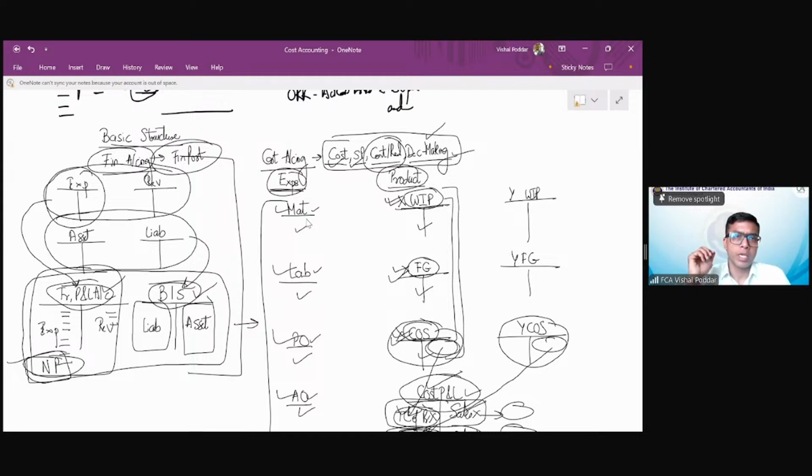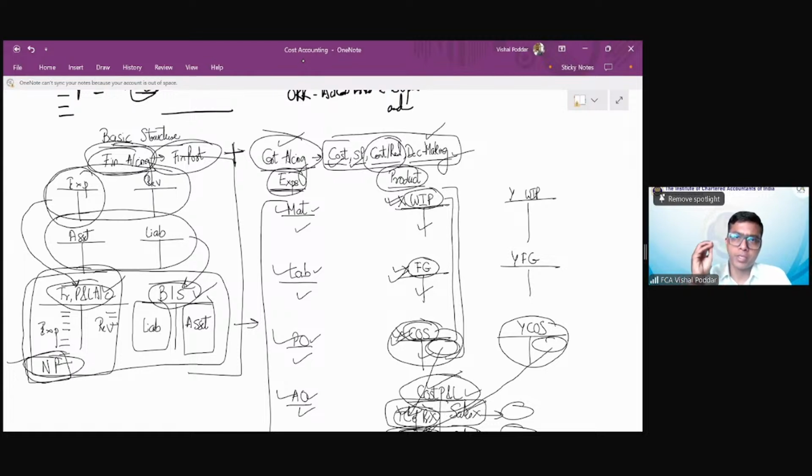Now, let us say I am one of those persons for whom cost accounting is either compulsory, or I want to do it for the betterment of my business. I am already doing financial accounting. I now want to also do cost accounting. The question is, can I merge both of them and do a single accounting?